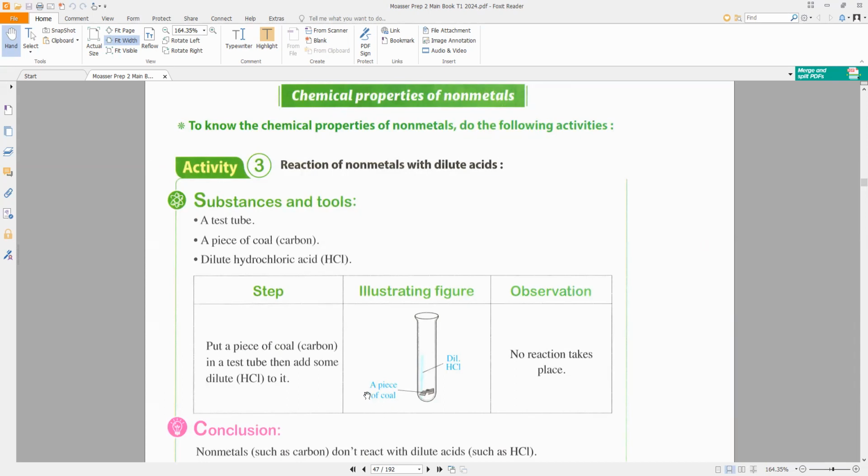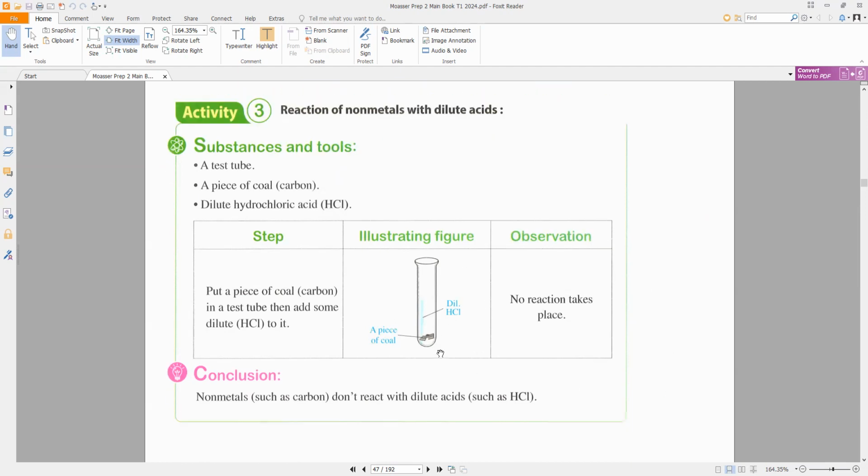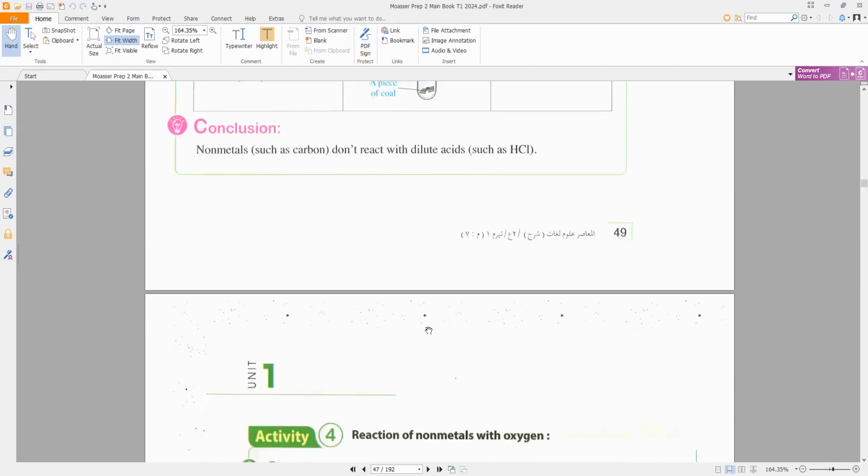Carbon is a non-metal. When we add coal or carbon to dilute hydrochloric acid, no reaction happens. The metal reacts with dilute acid forming a salt and hydrogen gas evolves with a sound. But the non-metal doesn't react with dilute acid, as we see in this tube.